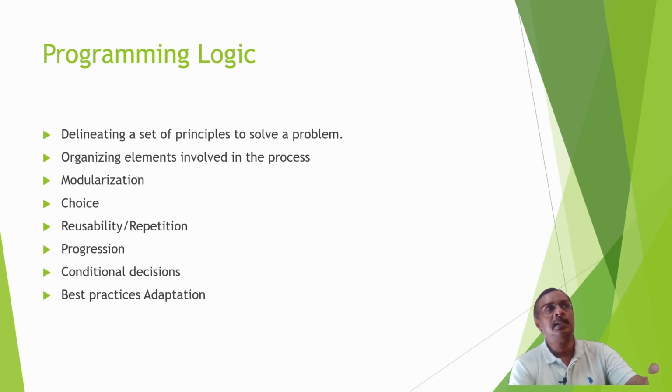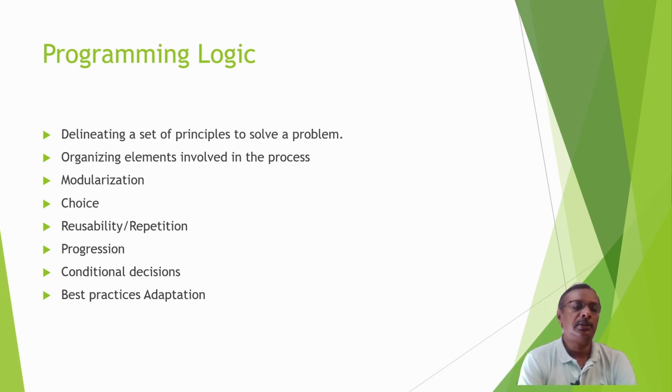First we go to a specific location by train, then take a bus, and then hire a taxi or something. So we modularize and execute the process one step at a time. That is modularization, dividing a larger task into smaller chunks, and then we make some logical choices.